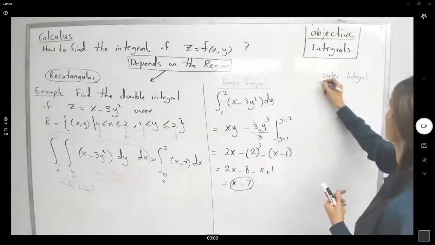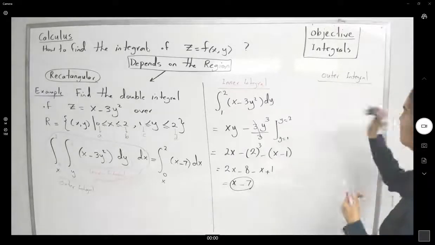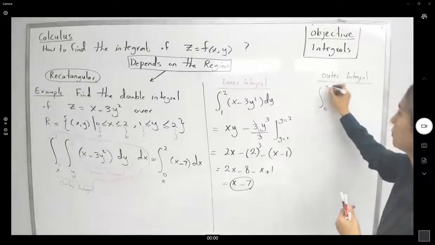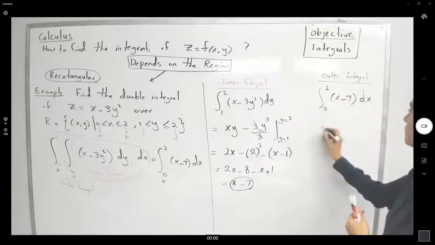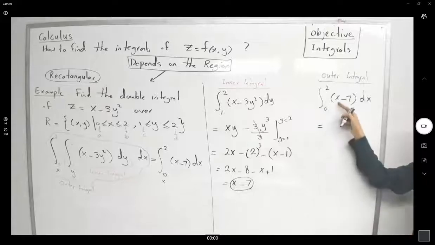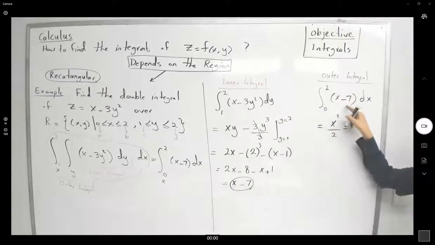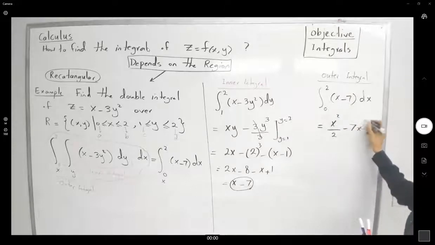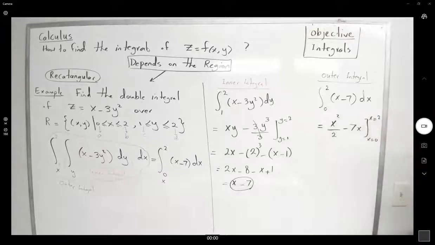Let us calculate the outer integral. Our outer integral with respect to x is from 0 to 2, x minus 7 dx. Well, this is easy. The integral of x is x squared divided by 2, minus the integral of 7, which is 7x, and x is between 0 and 2.